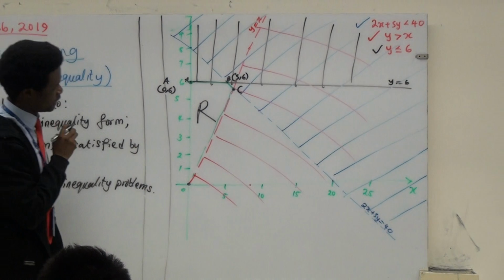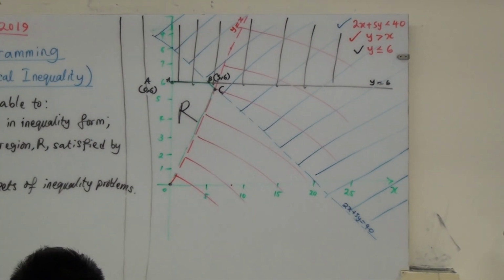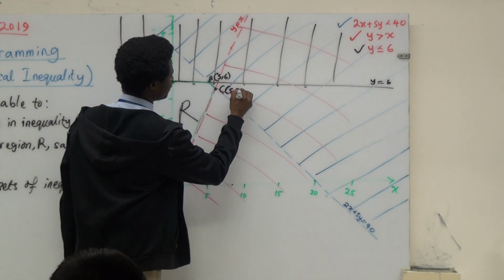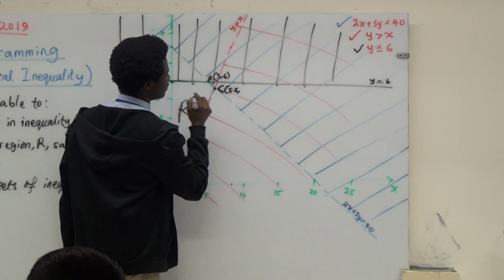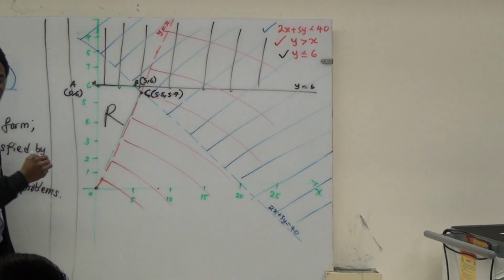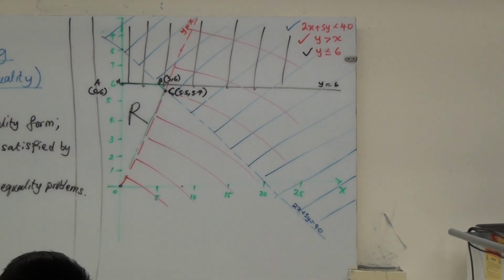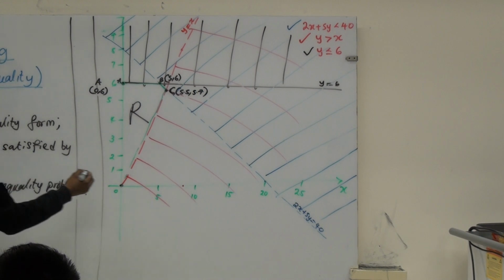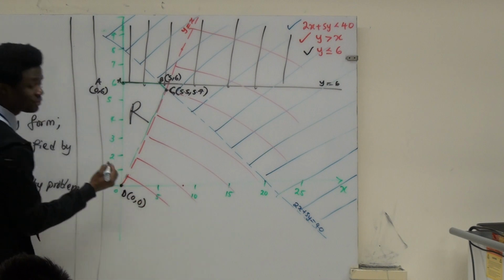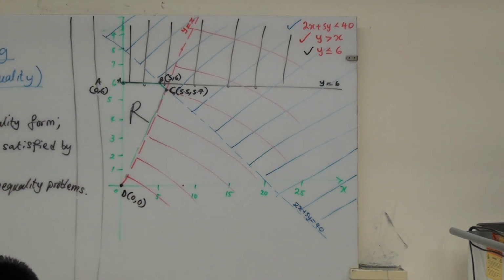What's the coordinate of C? 5, 5.5. 5.7. Please confirm that, everybody. Is it 5.5, 5.7? Okay. For this part, let's call it D. That's 0, 0. Okay? Are you listening?